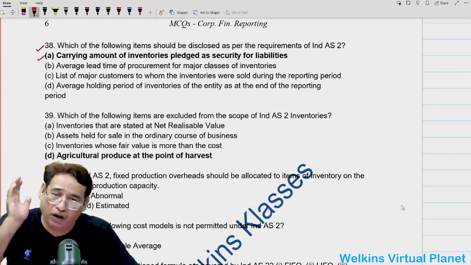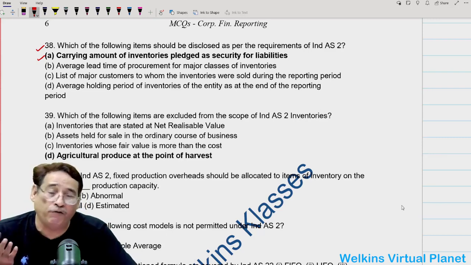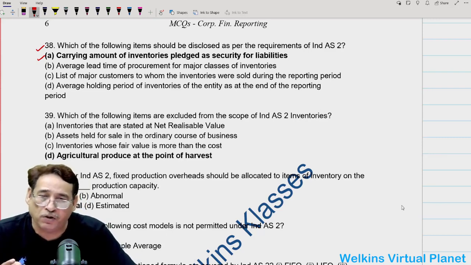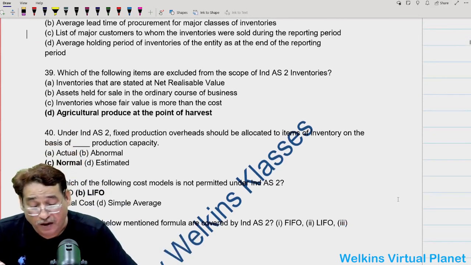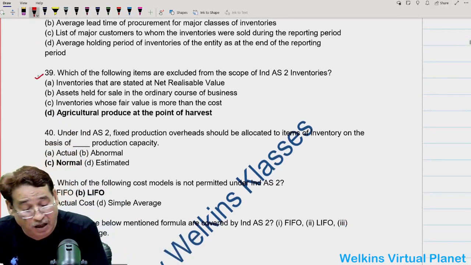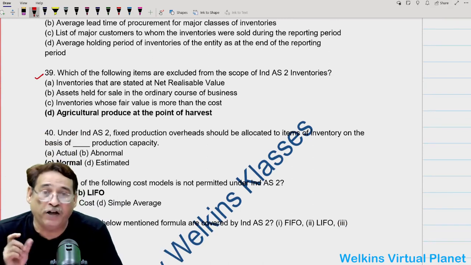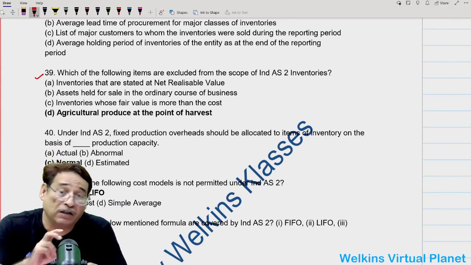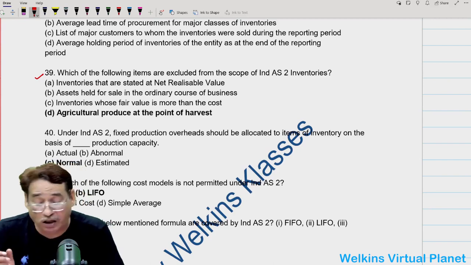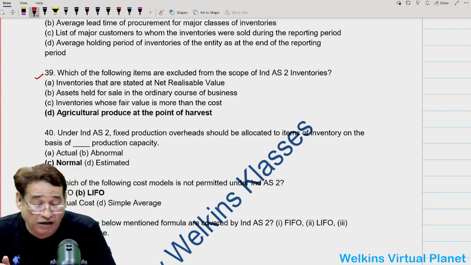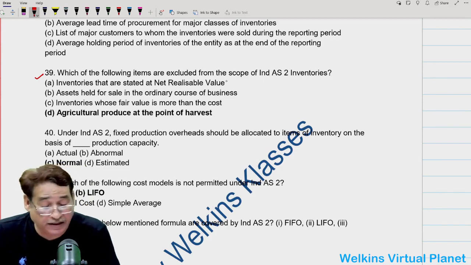However, what else we need to disclose? For example, we need to disclose work in progress, finished goods, raw material, etc. Which of the following items are excluded from the scope of Ind AS 2? Which are the things which you are not going to include under Ind AS 2? Inventories that are stated at realizable value, of course, it will be included.